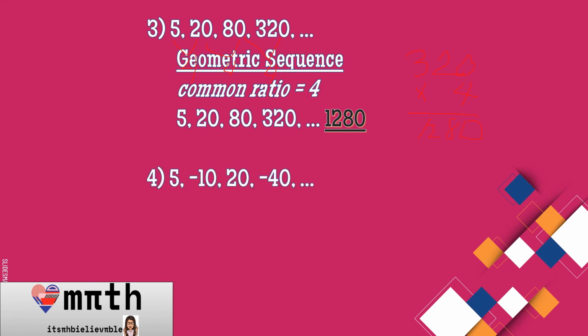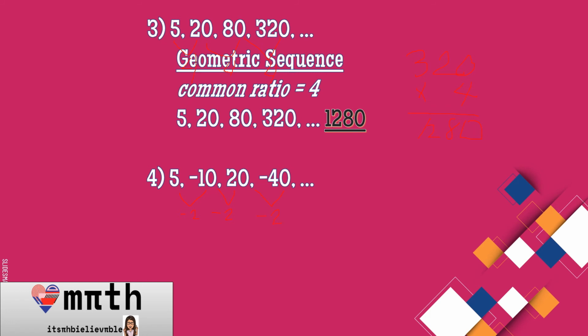Now for the fourth sequence, we have 5, negative 10, 20, and negative 40. Let us get the common ratio. Negative 10 divided by 5, that is negative 2. 20 divided by negative 10, that is negative 2 also. And negative 40 divided by 20, that is negative 2.